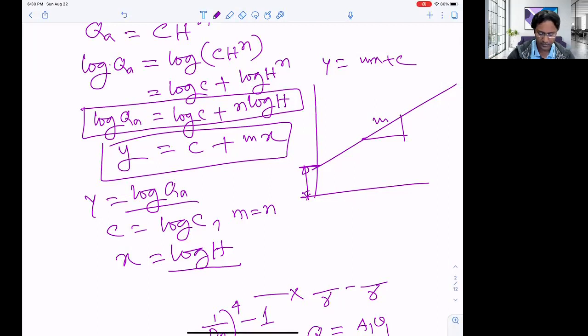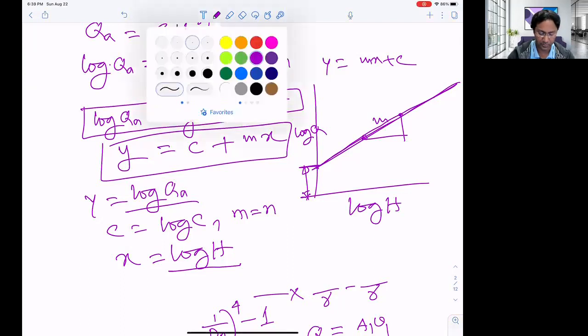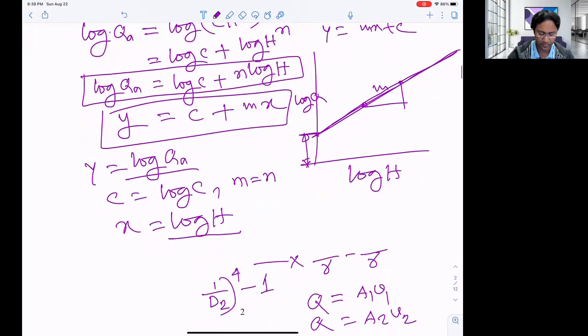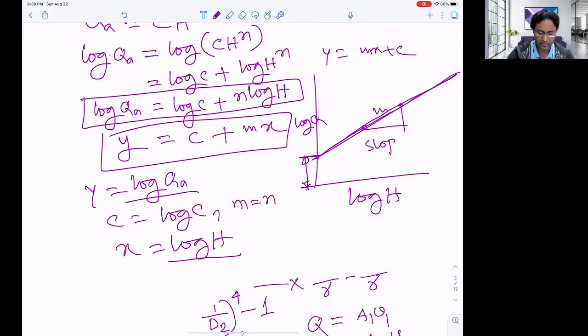So we have to plot this way, log h and then log QA. Then we'll have a straight line like this, and from this straight line we'll calculate the value of the slope, right? We'll calculate the slope, and that slope will be n.